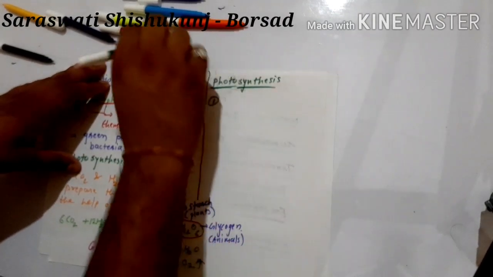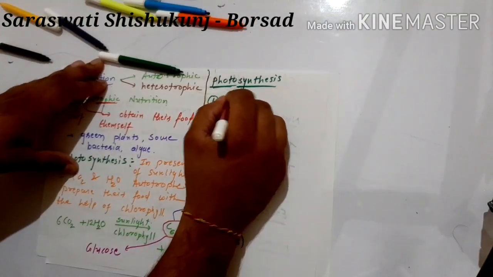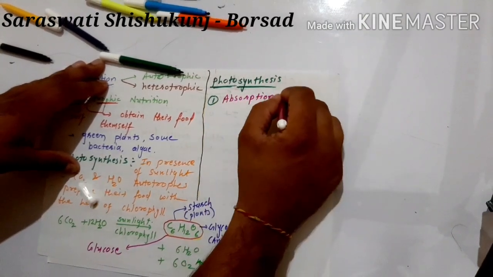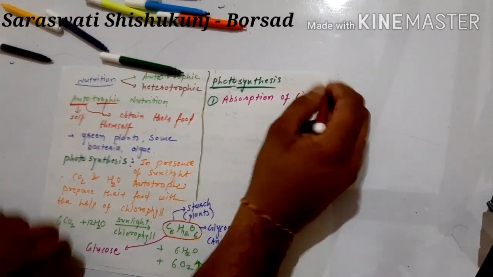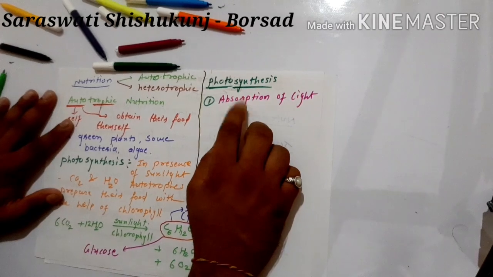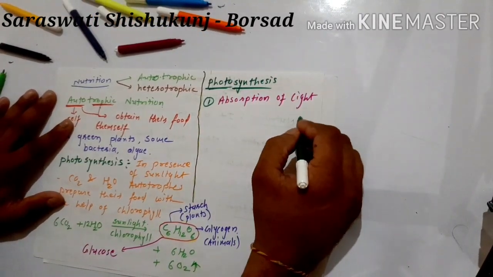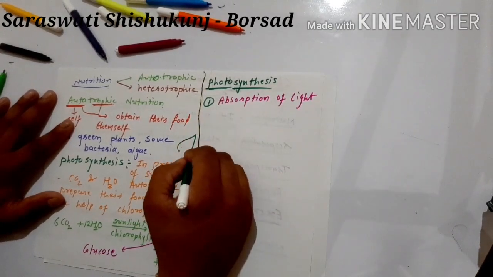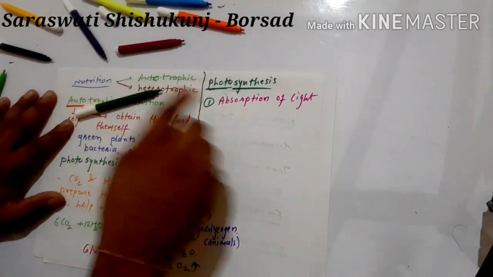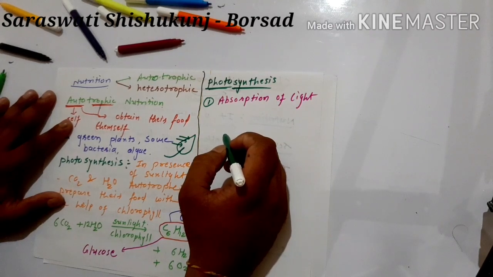First step is absorption of light. What happens is, the leaf which we have, in the first step, is going to absorb the sunlight. So this is our first point, absorption of sunlight, right?